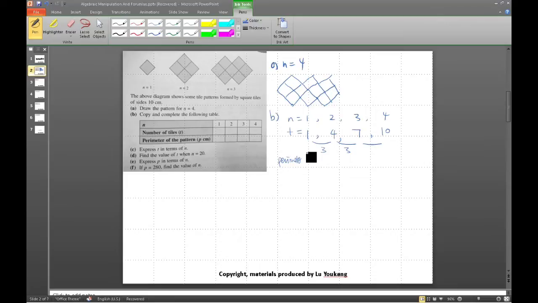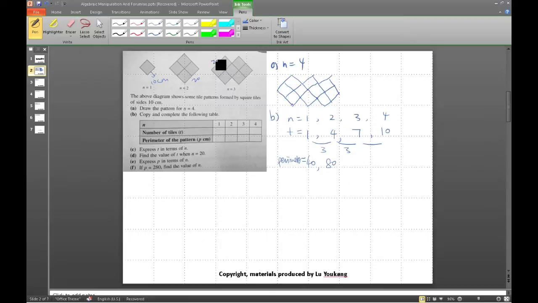And we are asked to find the perimeter of the pattern, denoted by P. If one side is 10 cm, when n equals 1, we have 4 times 10, which is 40 cm. For 2 tiles we have 80.